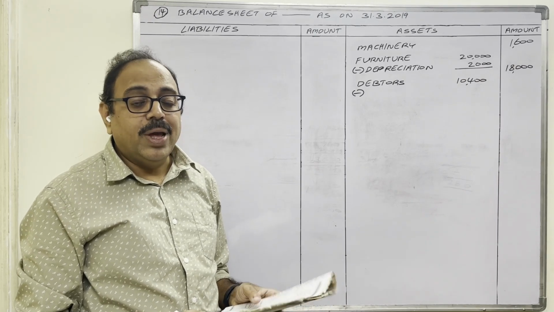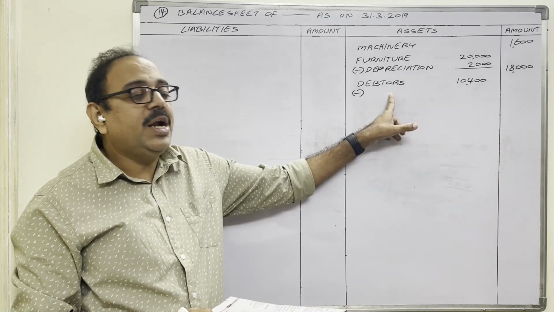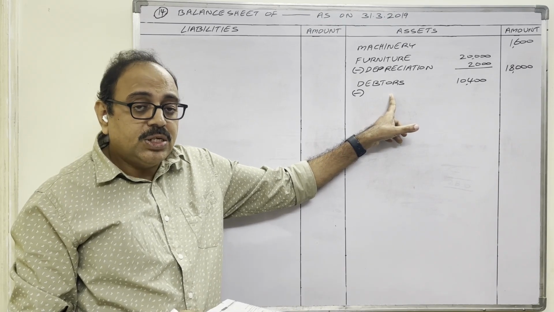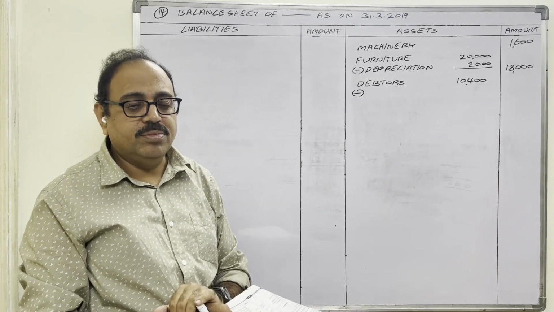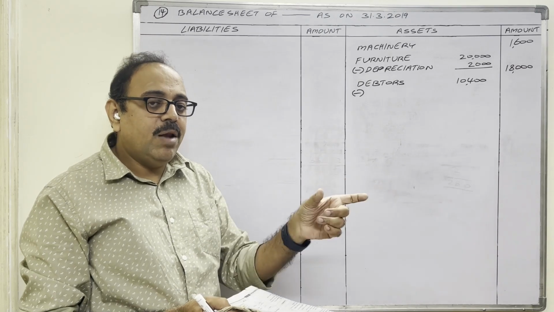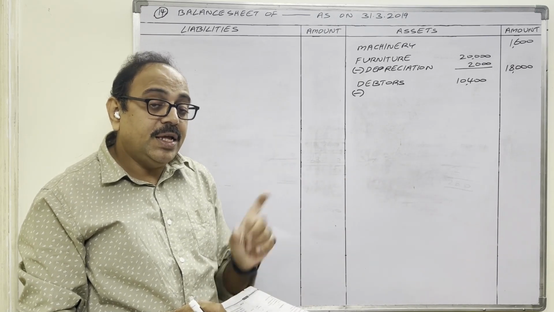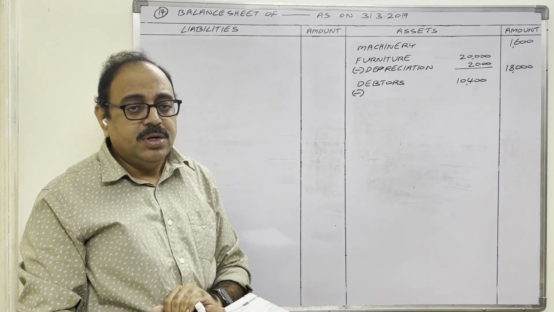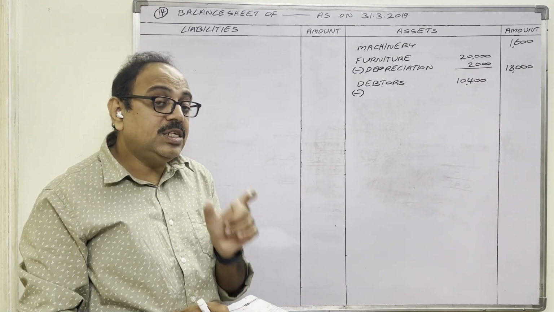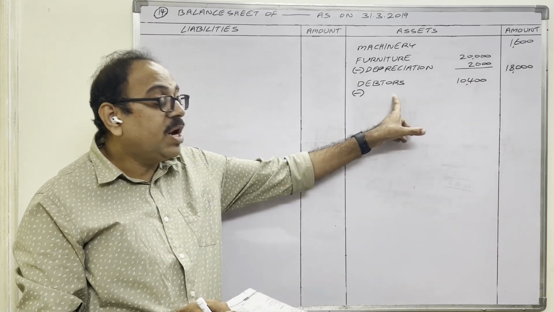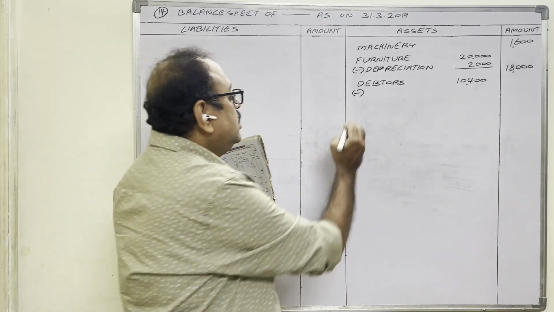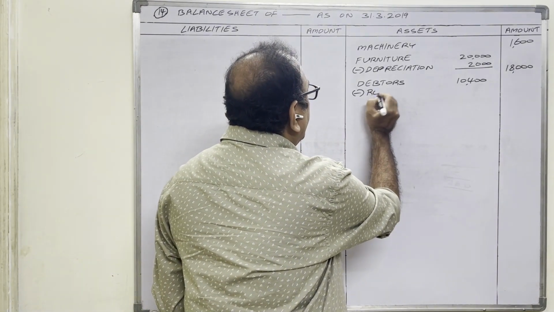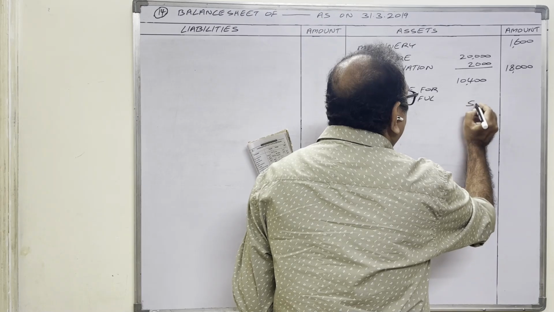So that adjustment amount we should subtract here. In the profit and loss account, the difference amount we should write, that is, the difference between the trial balance reserve for bad debt and the adjustment reserve for bad debt. But in the balance sheet, the adjustment reserve for bad debt we should subtract from debtors: minus reserve for bad and doubtful debt 520 rupees.